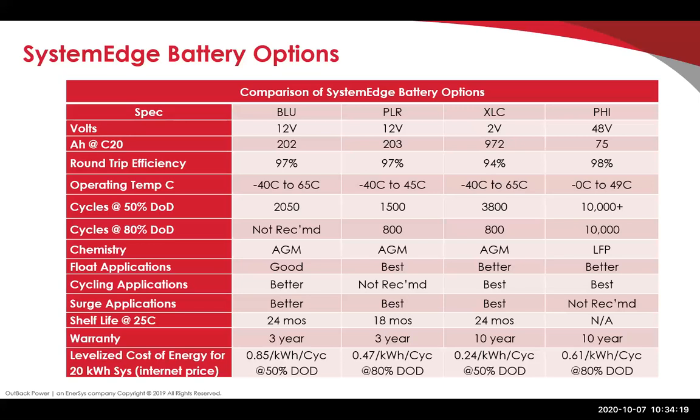Some of these batteries do better in higher temperatures. Like the blue battery and the XLC battery, both have operating temperatures to 65C. Even though they're spec'd at that temperature, with lead acid the way it works is that you do get more degradation charging and discharging at higher temperatures. Thank you.